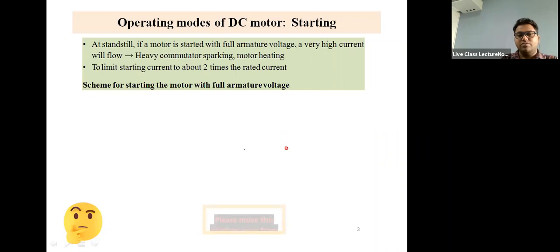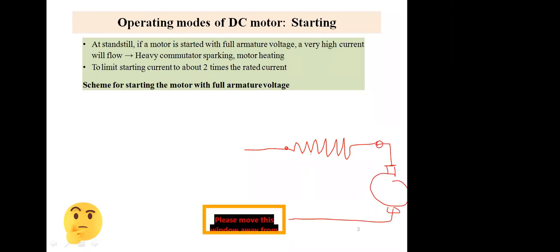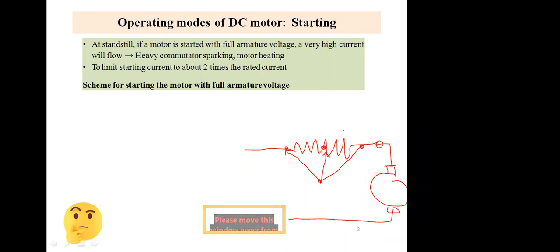Why? Now, if you have a resistance like this, and then you have the motor like this. So if I attach this here and the next point I give it here, what is the significance then? It's the same thing now. So at least three points has to be there, right?